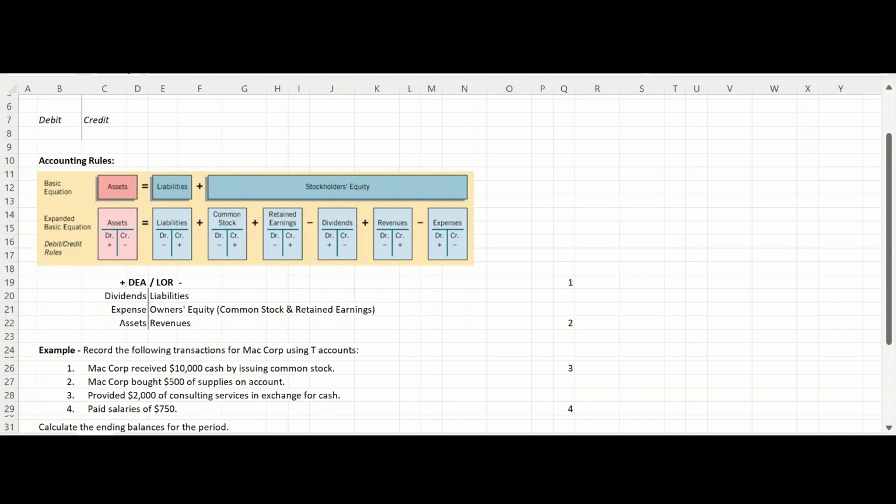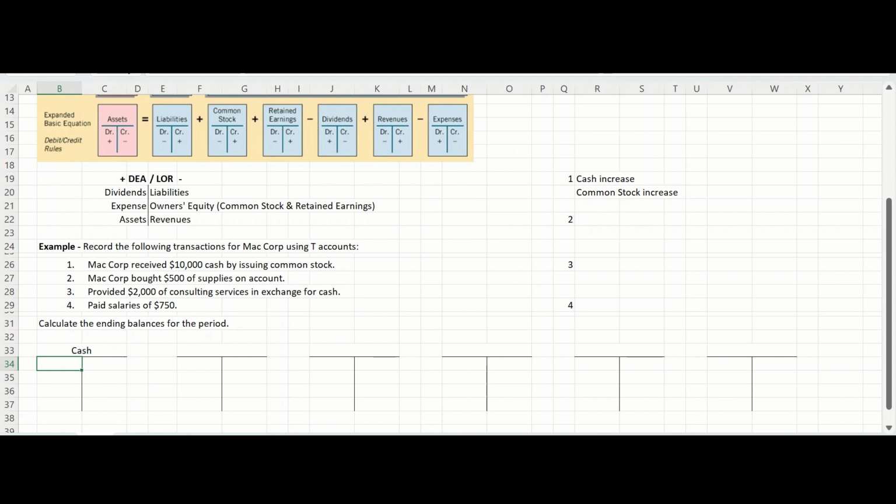And so the normal balance of an account occurs on the side of increases. So the normal balance of an asset account would be debit, because debits increase the asset account. For each transaction the business has during an accounting period, the company will analyze those transactions. And when analyzing the transactions, the business asks themselves, what are the items affected by this transaction? After the analysis is done, the accounting equation has to balance.